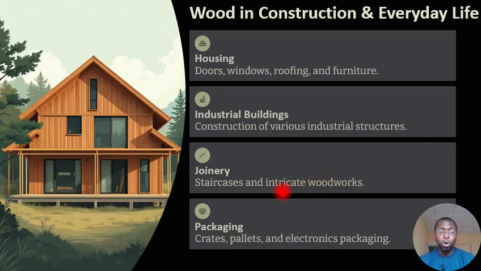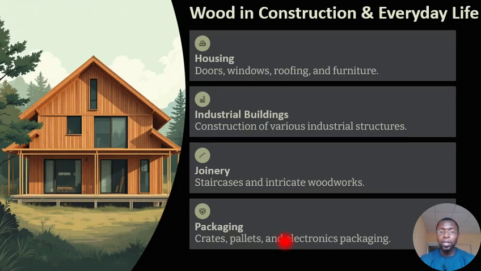We also use wood for packaging. There are some crates that are made of wood, pallets, maybe like that of eggs. Some of them are made of wood. And there are some electronic packaging that are also made of wood. So wood is applicable in almost all spheres of life.